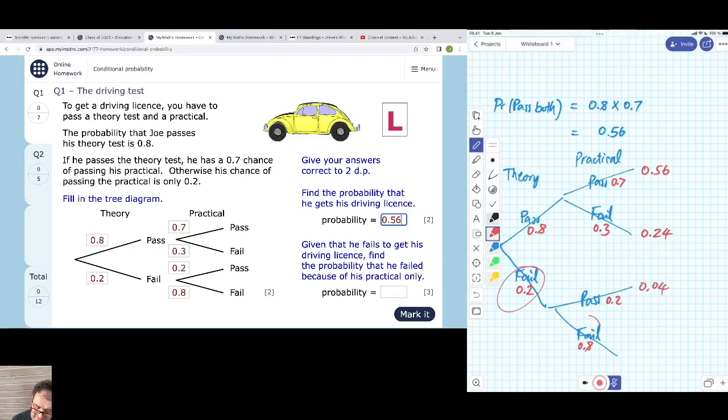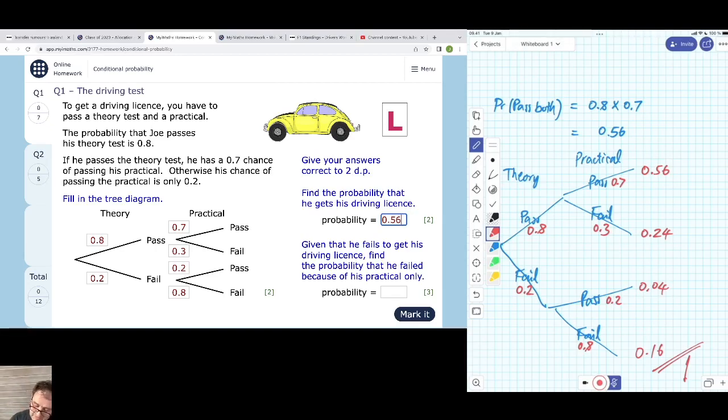And fail fail is 0.2 times 0.8, which is 0.16. If we've done those correctly, they should add up to 1, because it represents all the possible outcomes. Okay, so given that he fails to get his driving license, find the probability that he failed because of his practical only.